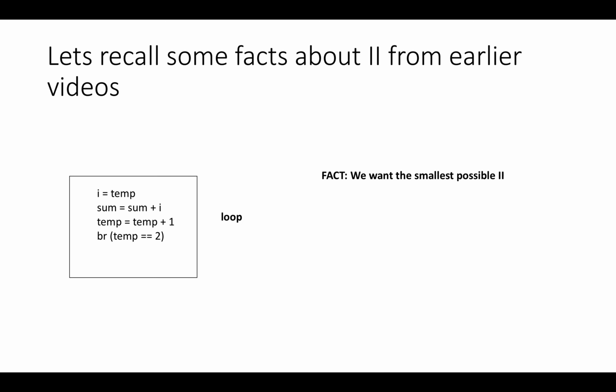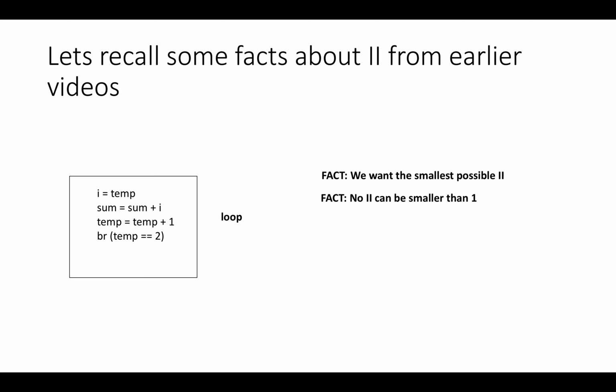Well, here's a slightly more rigorous derivation of the fact that we can do an initiation interval of 1. So we want to get the smallest possible initiation interval, right? The smaller the initiation interval is, the better. The second thing is that, as we learned in the first videos about pipelining, no initiation interval can be smaller than 1, right? So the smallest possible initiation interval is 1, which corresponds to starting one iteration of the loop every single cycle.